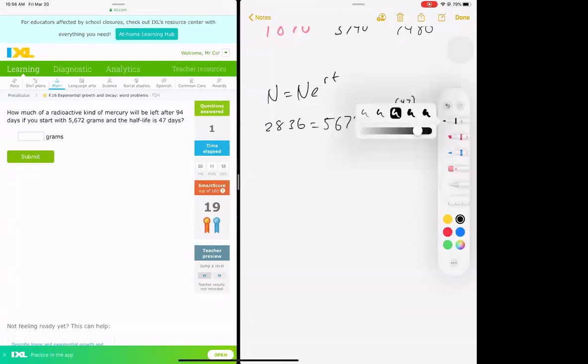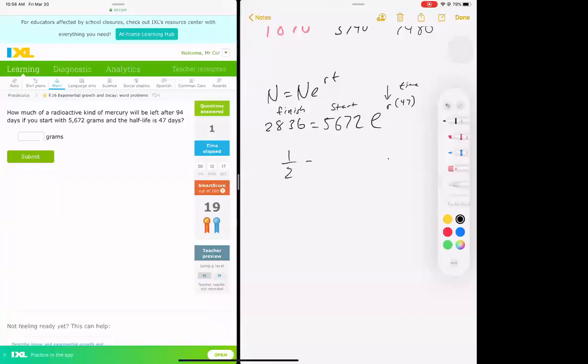So it's always set up in this same model, where this is our start, initial, this is our finish value, and we're given some time period for that to happen in. And then we just solve it.